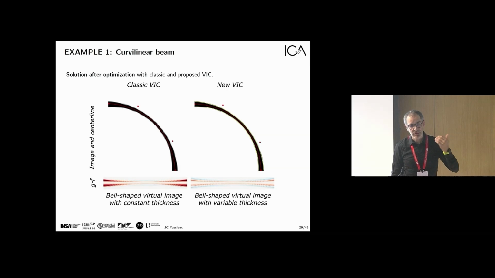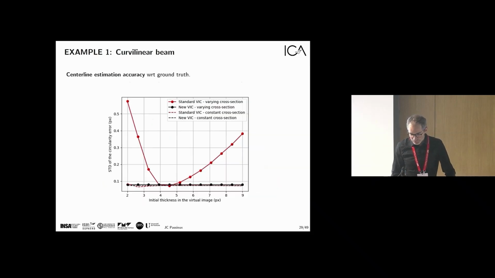We did ground truth analysis also with a quarter cylinder with an evolving thickness, and we were able to see that if we use a standard virtual image correlation as with a constant thickness, we are very sensitive to the initial thickness we put in the model if the cross section is actually evolving.